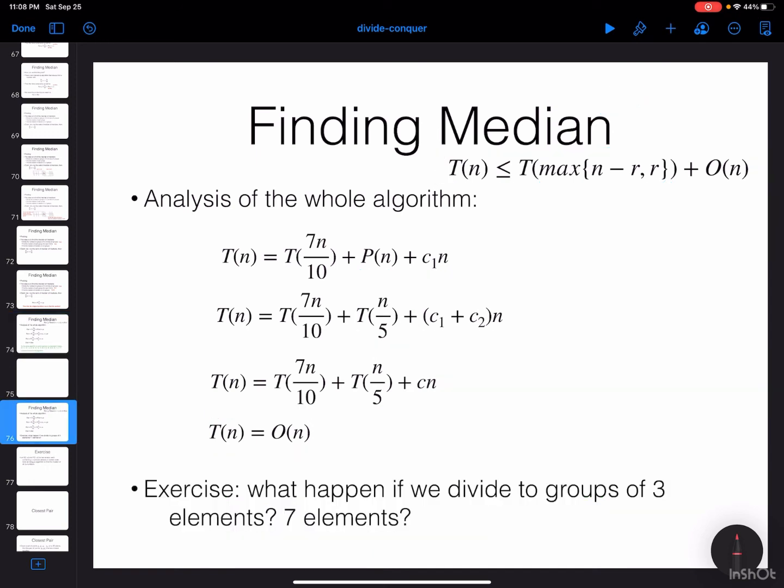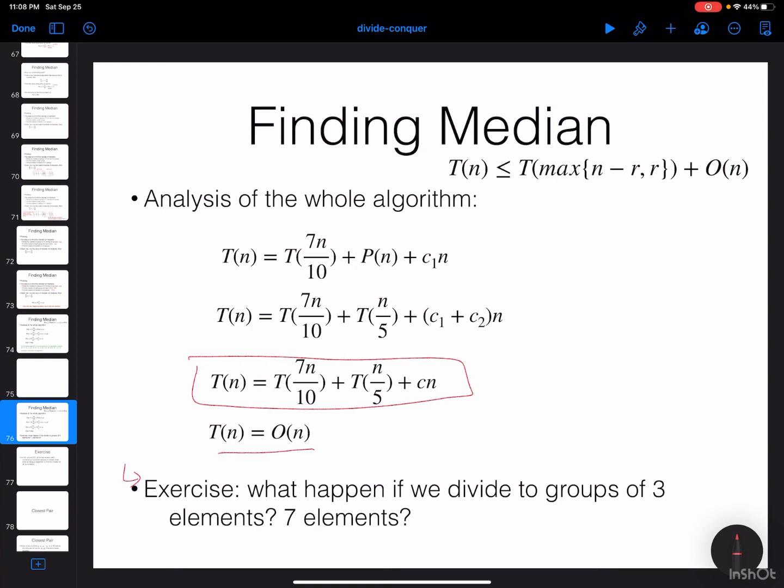And I also have a very interesting exercise for you here. In the algorithm for finding the pivot, remember, we divided the items into groups of 5. And we found this final time complexity, the recurrence relation for the time, which ended up being linear.